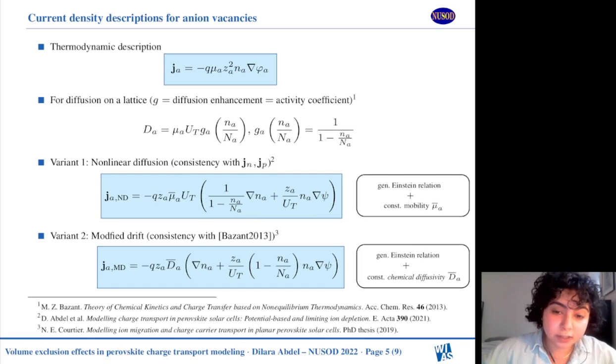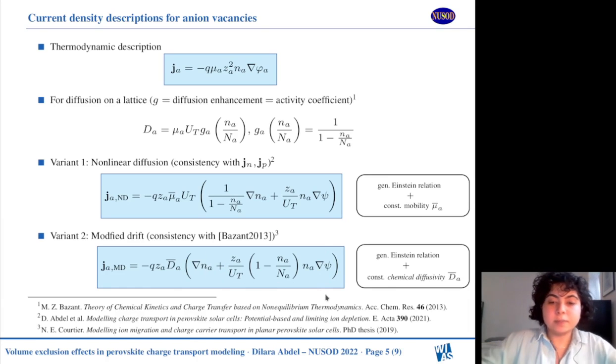But on the other hand, we may assume a constant diffusivity, called in this case chemical diffusivity, which results in linear diffusion but a modified drift. To the best of our knowledge, there does not exist a work where the influence of both descriptions on the charge transport model for perovskites was investigated.